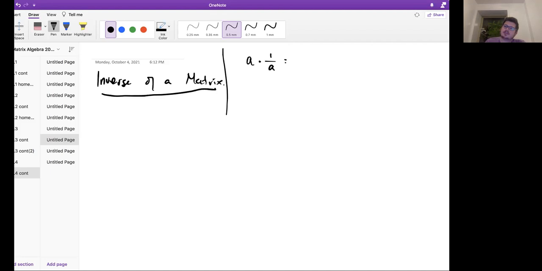And the way to say it is that it's the number such that when you multiply it, you get the multiplicative identity back.